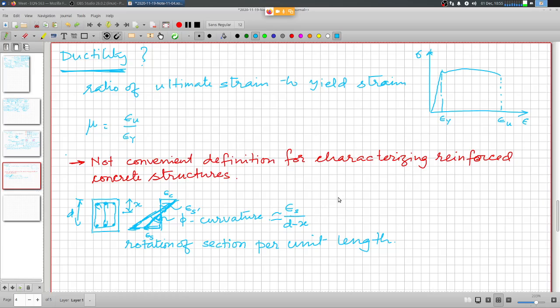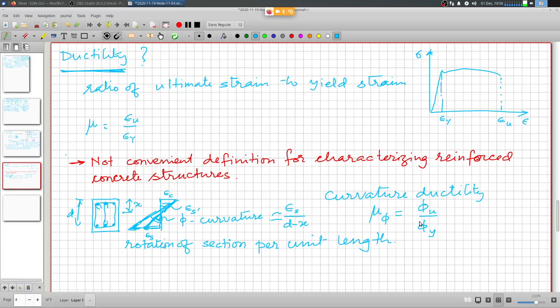The curvature ductility is then defined as the ultimate curvature at collapse divided by the curvature at the yield point. Again, ductility is the ultimate deformation parameter divided by the corresponding value at the yield level. If we are looking at strain, it is ultimate strain divided by yield strain.